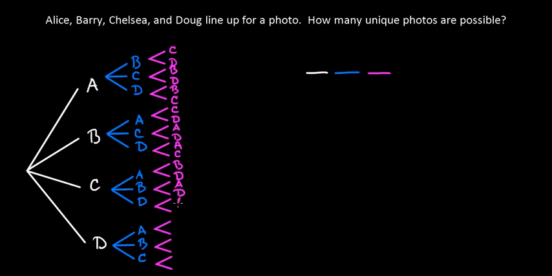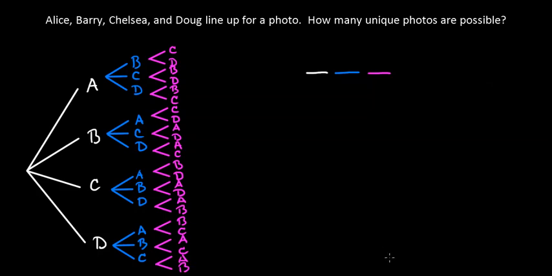CD, we're missing A or B, and thankfully we're now to the last part of our third selection. DA, we're missing either B or C, and DB, we're missing A and C, and DC, we're left with Alice or Barry.